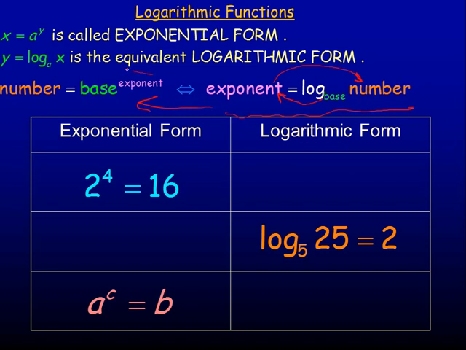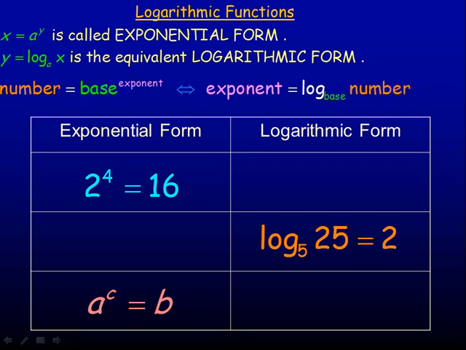And so that's exactly what you have over here. Okay, so this base raised to that exponent is equal to that number. So that's how you convert from log form to exponential form. And that's what a logarithm means. It really means what power do I raise this base to get this number.